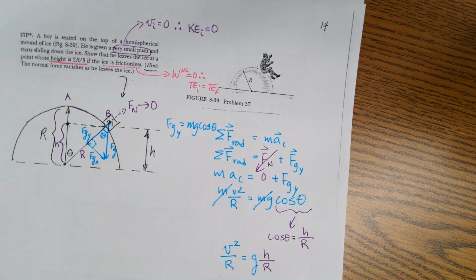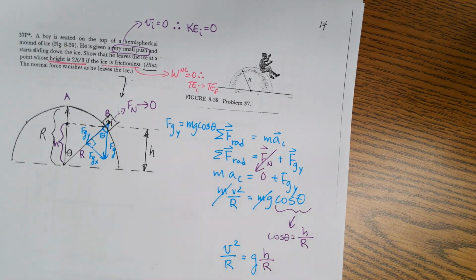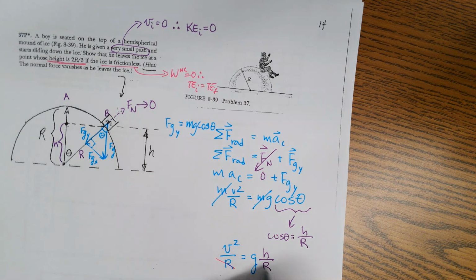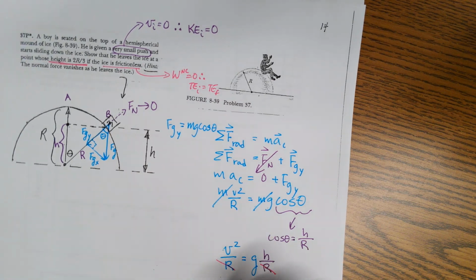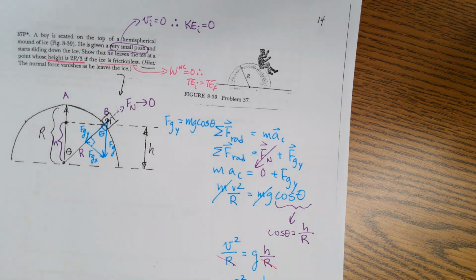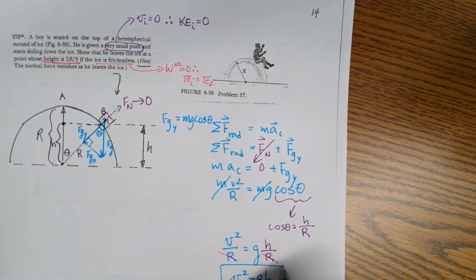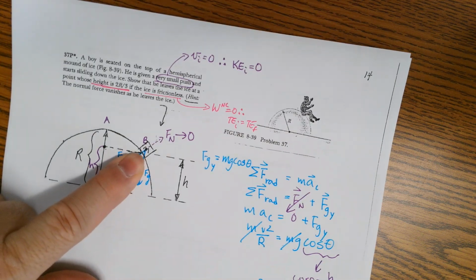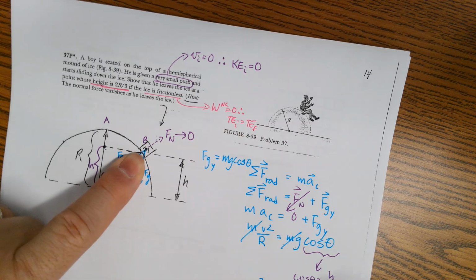The r's cancel out nicely, giving me that v squared is equal to gh. This is good to know; we're going to use it later. This v is at point B.